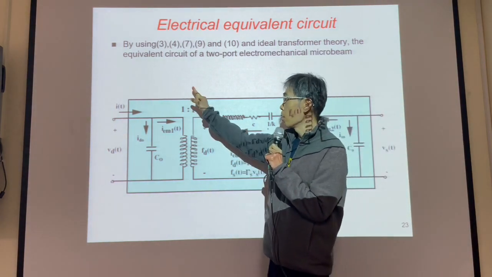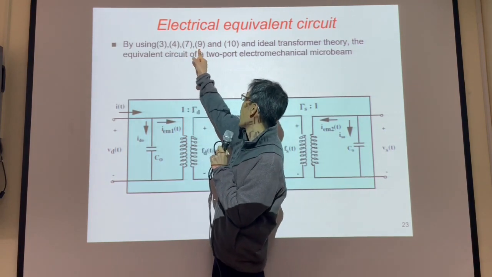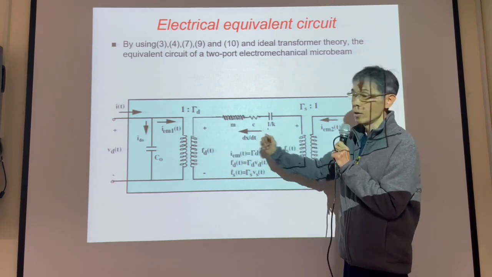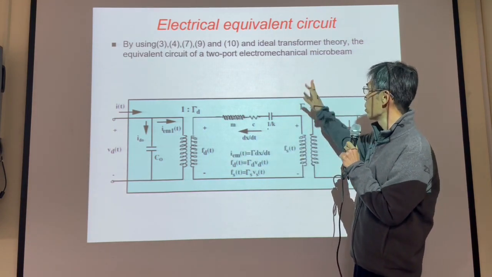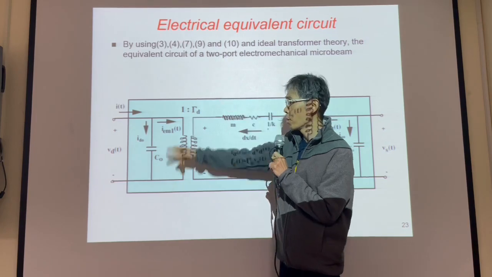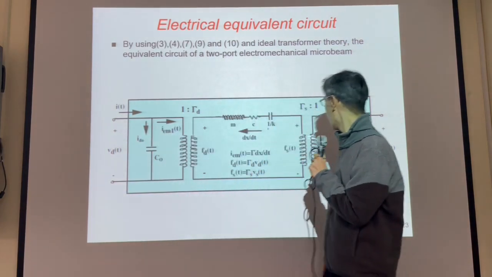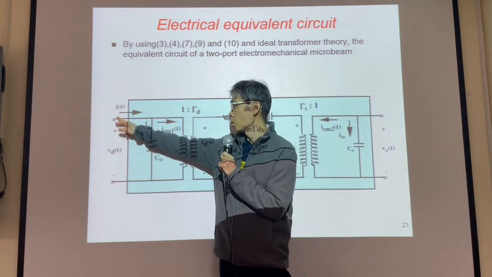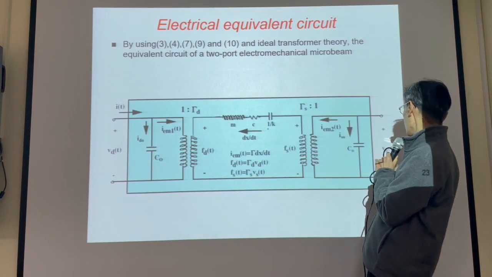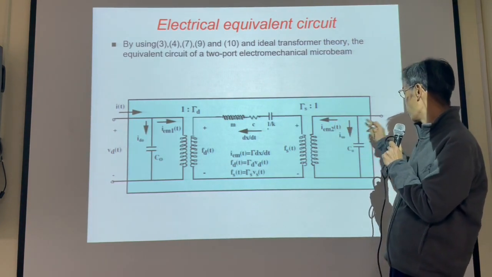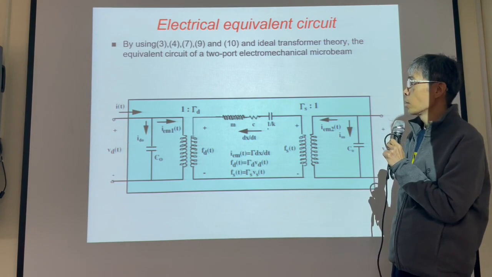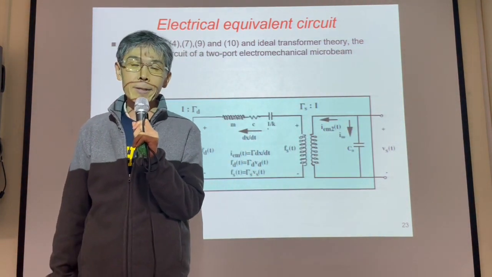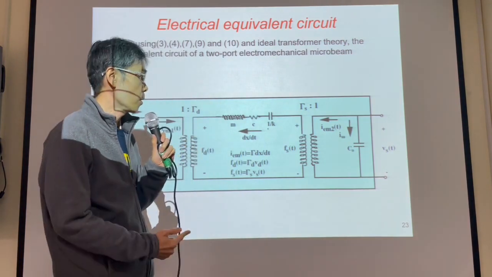So using equations 3, 4, 7, 9, and 10, and the ideal transformers, we could model this two port: port 1, we have voltage and current, and port 2, we have voltage and also current. Then today, you will learn how to use LTSpice to run this circuit.